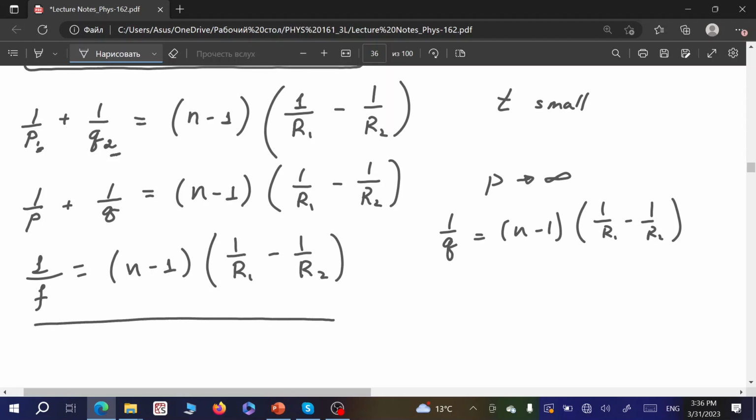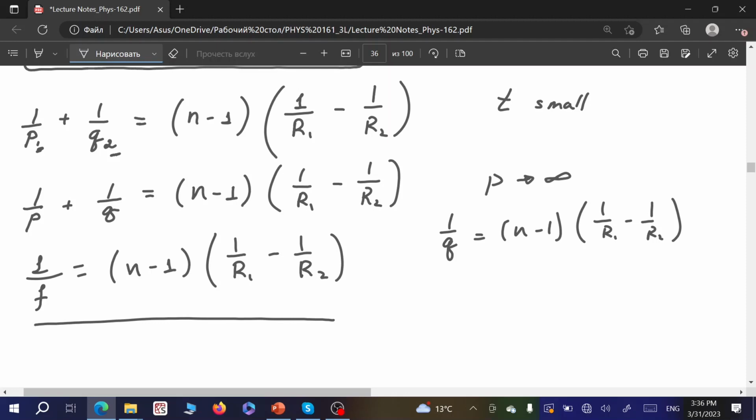So this equation is the so-called lens maker's equation. Because if you decide to make optical systems and lenses, this is the equation you will work with most of the time. So why is it so important?